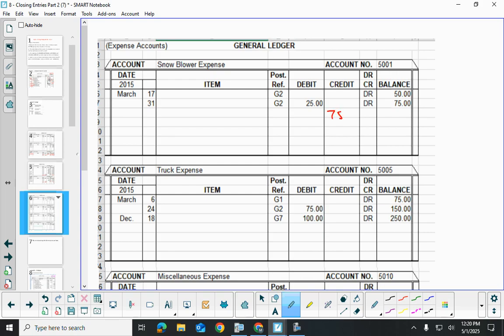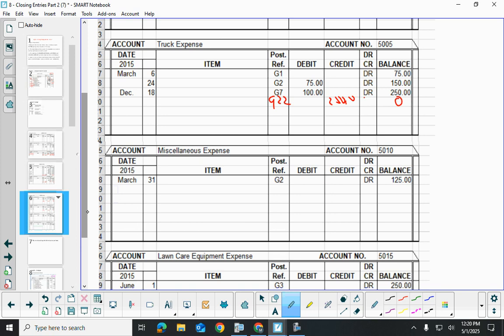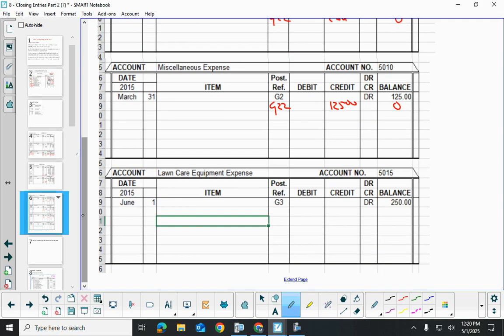So I'm going to credit 75, G22, credit 250, credit 125, and credit 250. Like that. So I'm just literally copying my general journal into my general ledger. Okay.